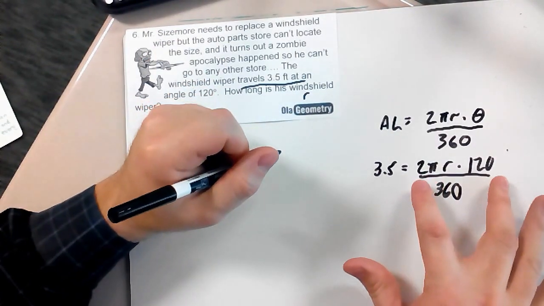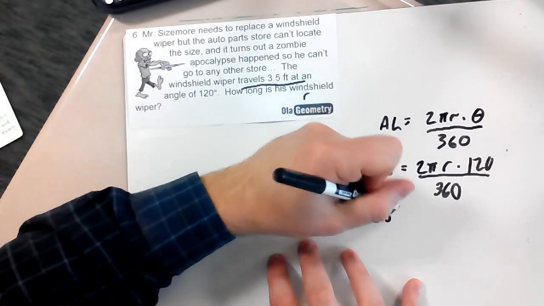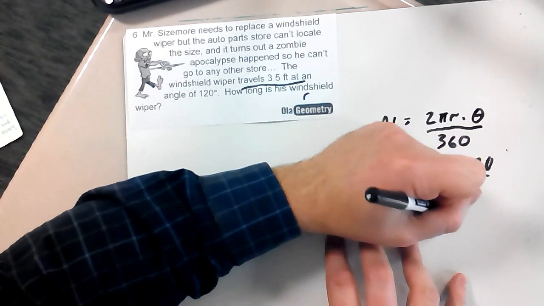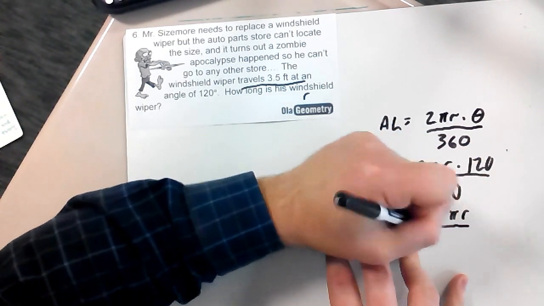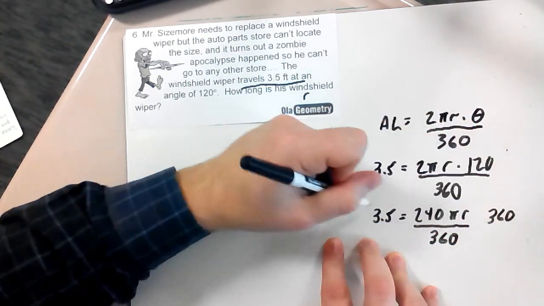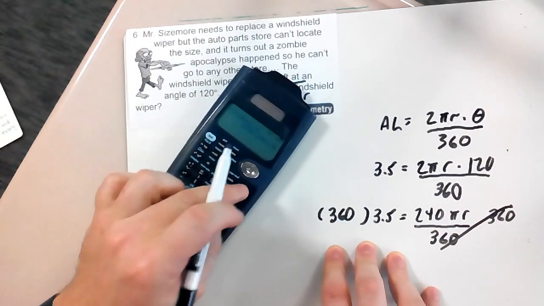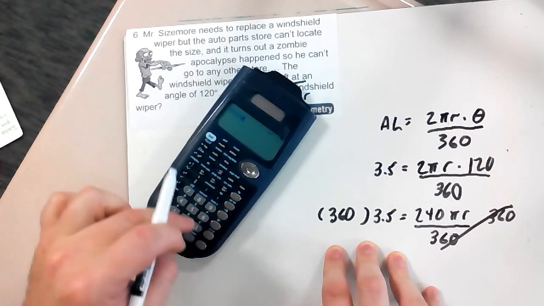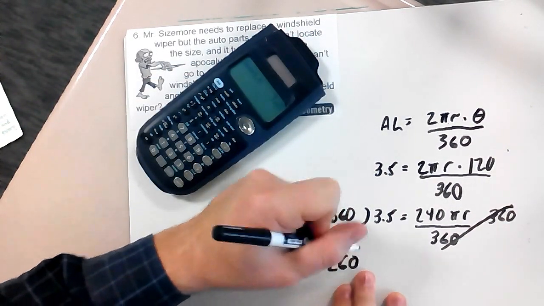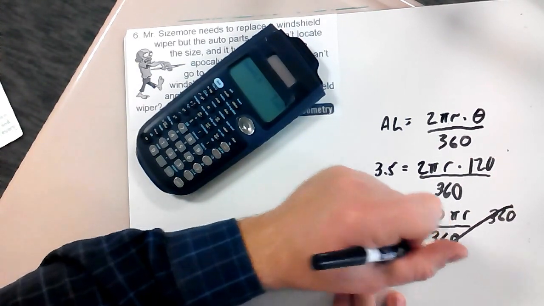Right off the bat, what I can do to solve this is multiply those two together. So this is 240 pi r. I did 120 times 2. Now I'm going to multiply both sides by 360. 360 times 3.5 is 1260, equals 240 pi r.